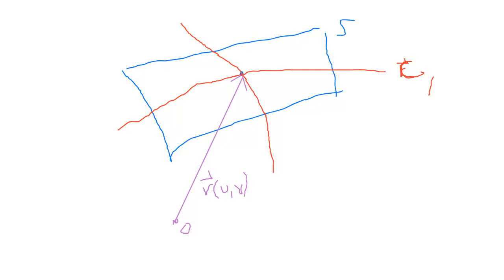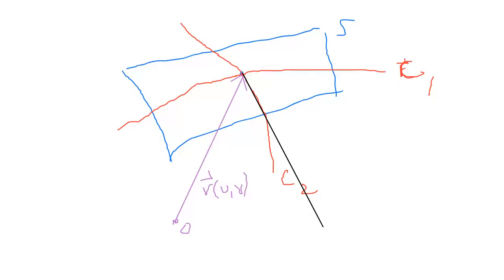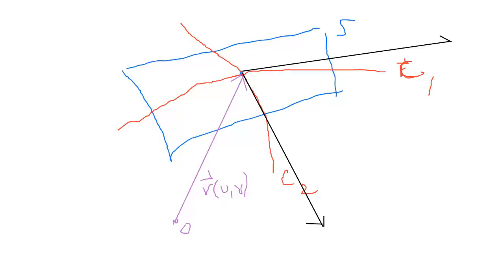So this is, for instance, space curve C1. This is space curve C2. At the intersection of those space curves, I can draw two tangent vectors.